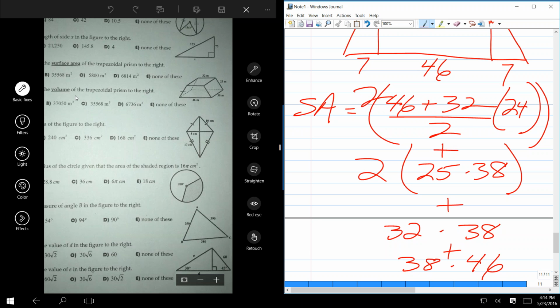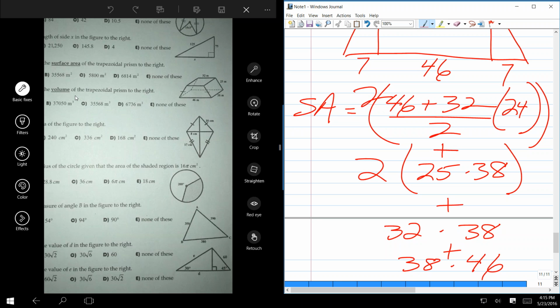The next question is find the volume, which is a lot easier. Notice, finding volume is almost always easier than finding surface area. What's the volume going to be? Base times height.